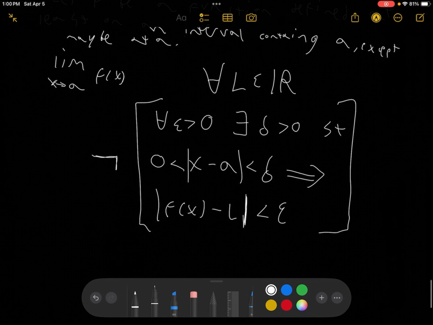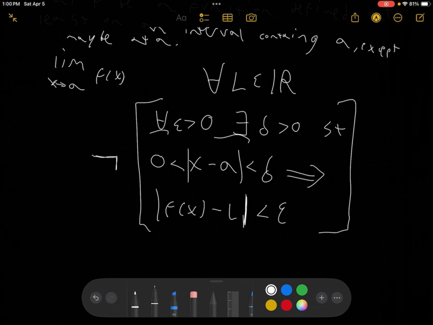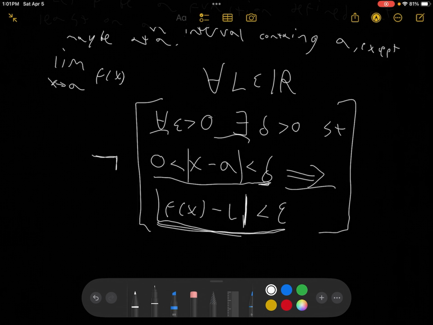And the way you do that is, for the most part, we're just going to be flipping around all of these quantifiers. And then the way you negate a conditional is you say that the if part is true and the then part is false.